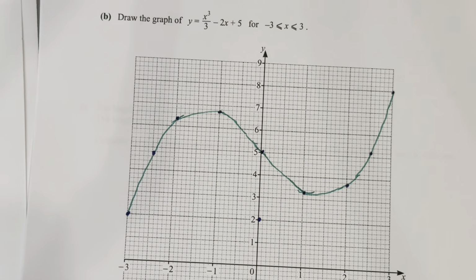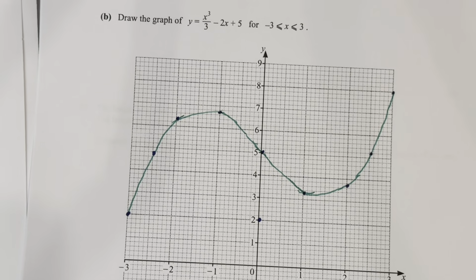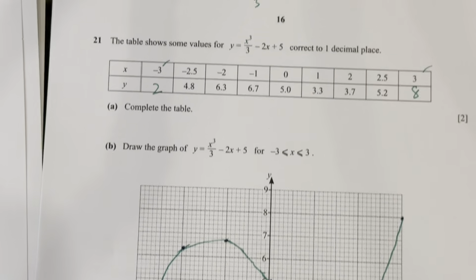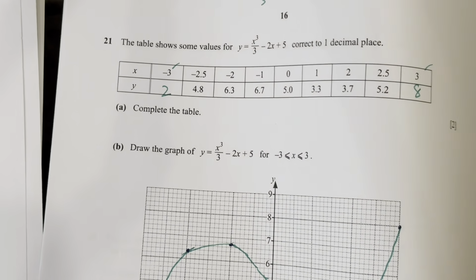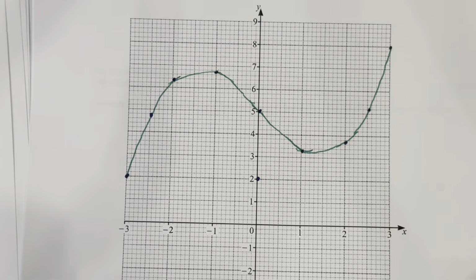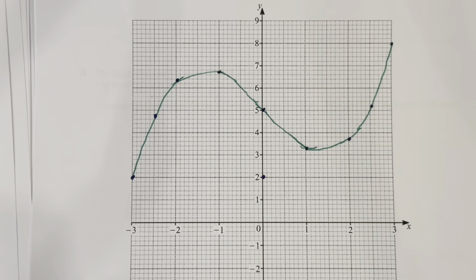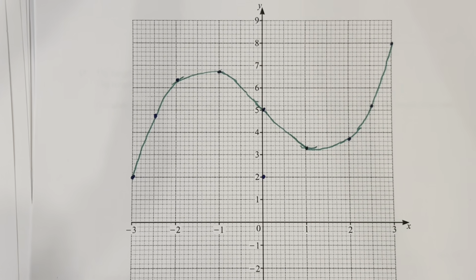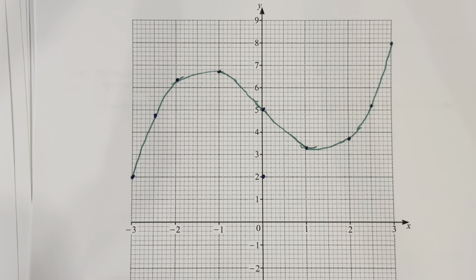So this is how we have plotted our graph for the table, and this graph was carrying 4 marks. The table was given, only 2 values were missing, which we calculated by substituting +3 and -3. After substituting, we completed the table and plotted the graph like we were required to.